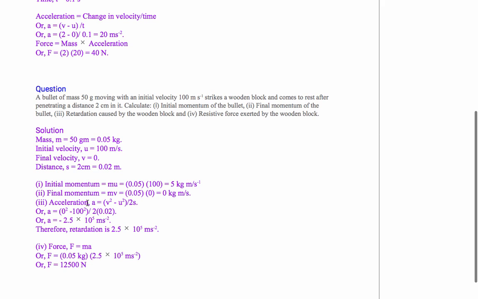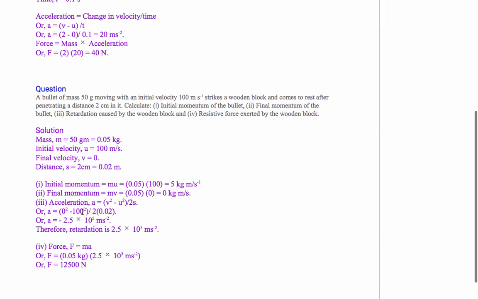Last is the acceleration. v square minus u square upon 2as is the formula. So I'll calculate a using v square minus u square upon 2s. Substituting the values, final velocity 0, initial velocity 100, so 100 square upon 2 into 0.02. The denominator comes out 0.04.